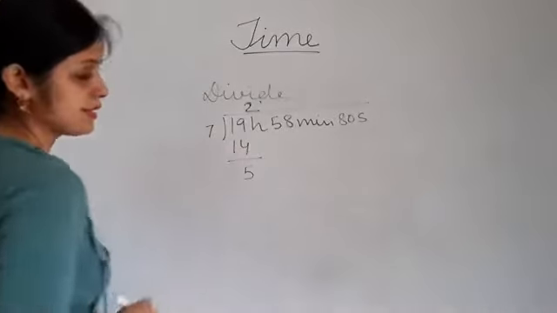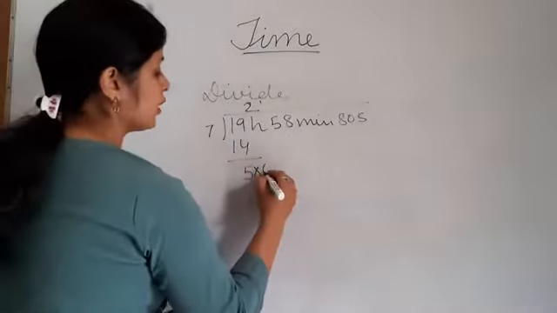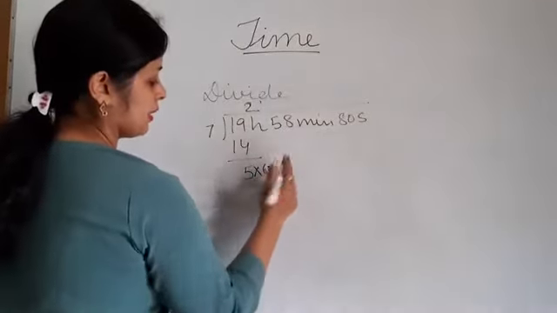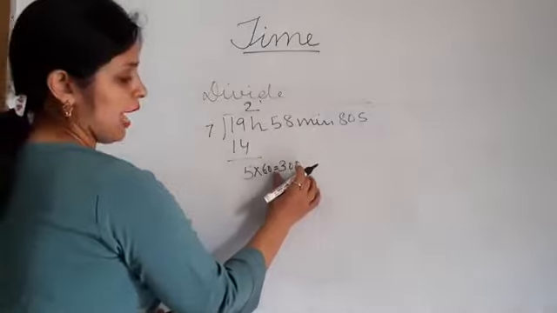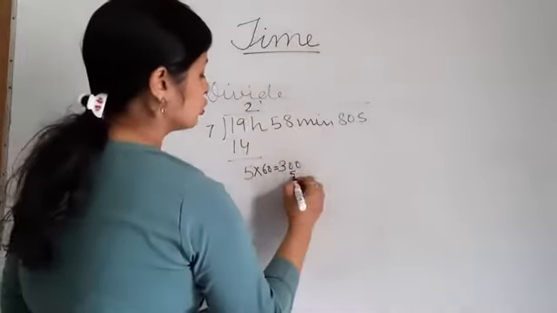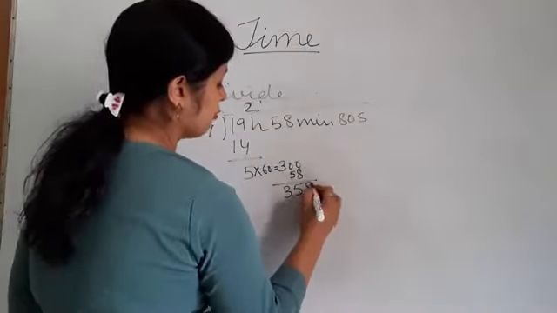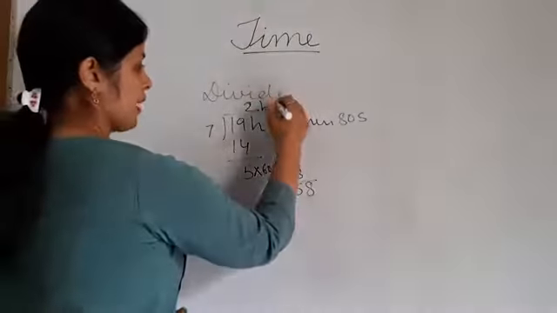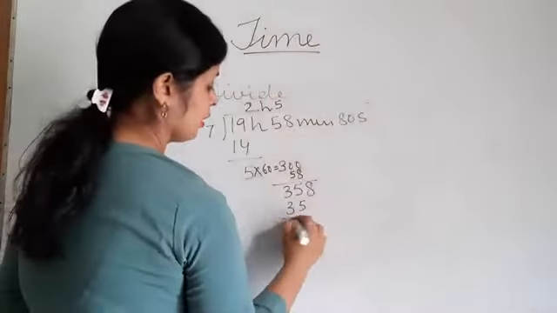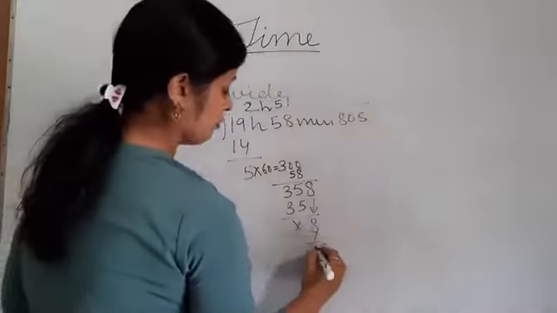Now 5 is less than 7, so I will multiply it with 60 and it will become 300. Now 58 will be added to 300, so the minute side will become 358. So 2 hours. Now 7 5s are 35, remainder 8, 7 1s are 7, remainder 1.